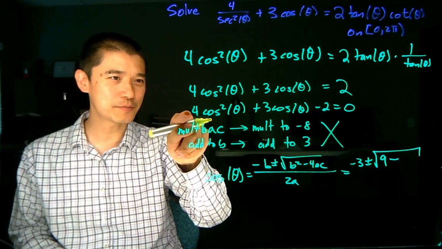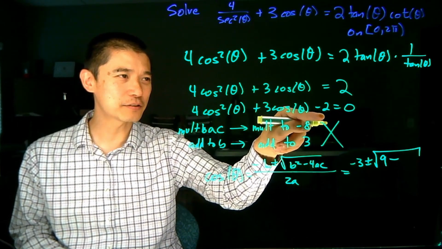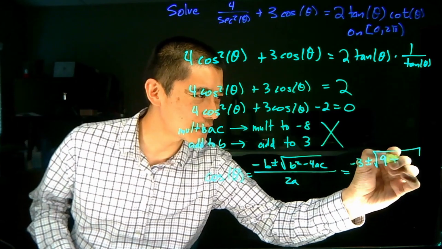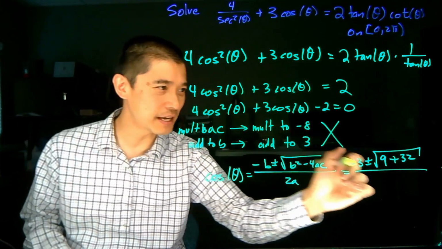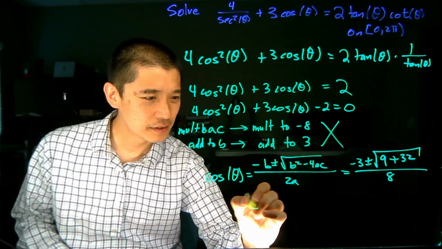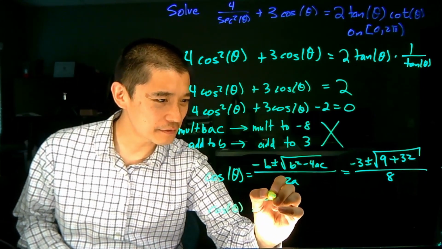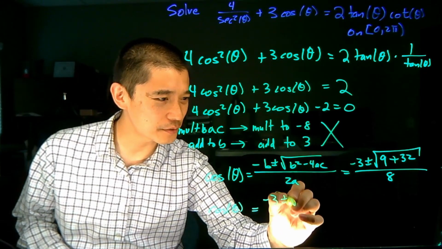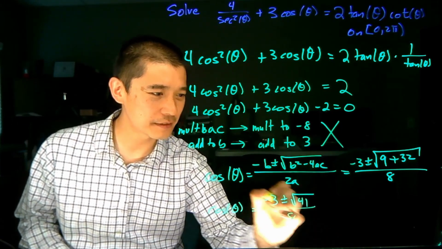So 4 times 4 is 16, times negative 2 is negative 32, so it'll be plus 32, right, minus a negative, all over 2 times a, which is 8. So our cosine of theta is equal to negative 3 plus or minus the square root of 41 over 8.